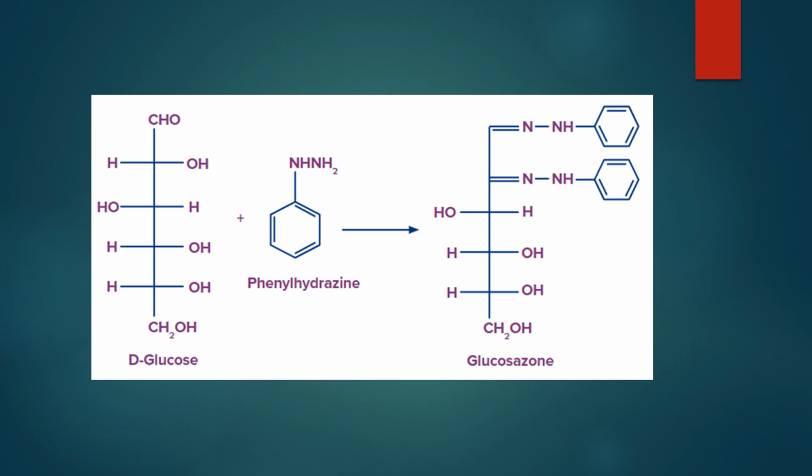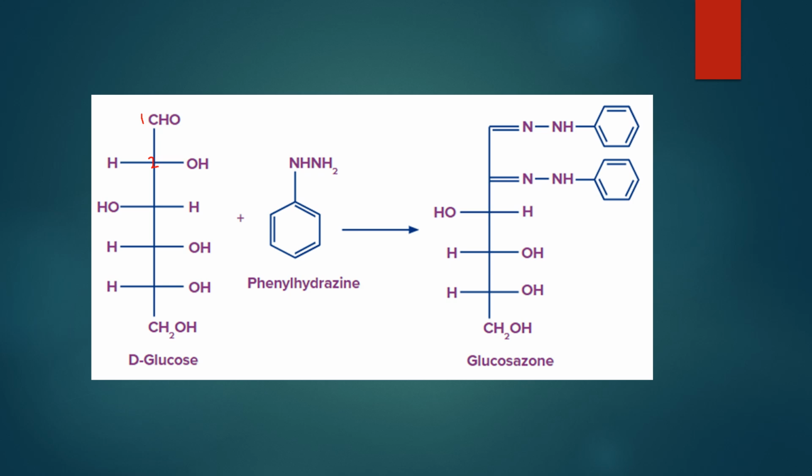So we said the ketoses have the same structure as aldoses below carbon 2. So this is carbon 1 and this is carbon 2. Below carbon 2, the aldoses and ketoses have the same structure.